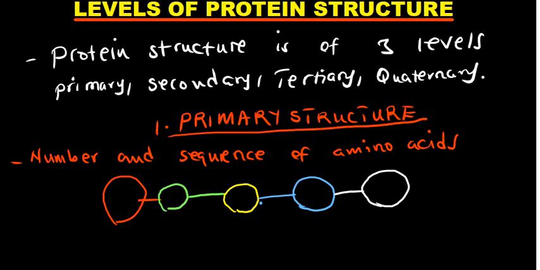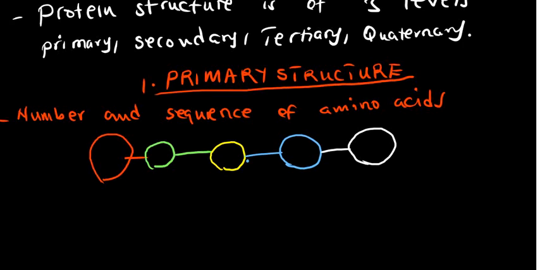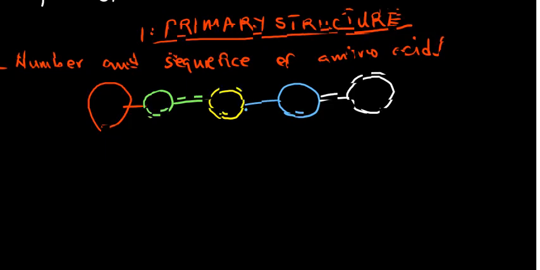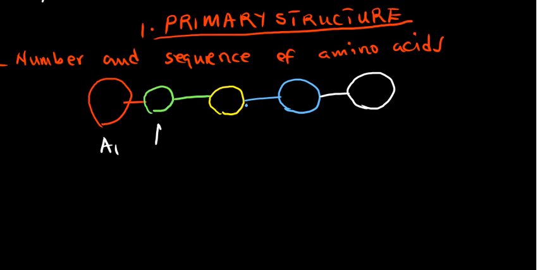So let's write it like this: amino acid 1, amino acid 2, amino acid 3, amino acid 4, amino acid 5. So this is the primary structure of a protein, since you just have the sequence and the number of amino acids in a polypeptide structure.